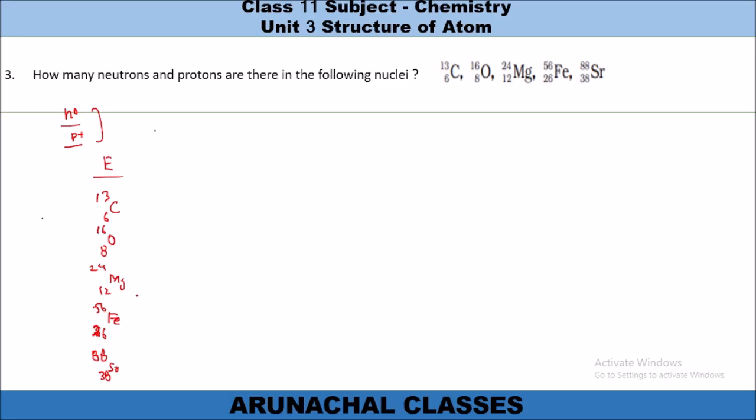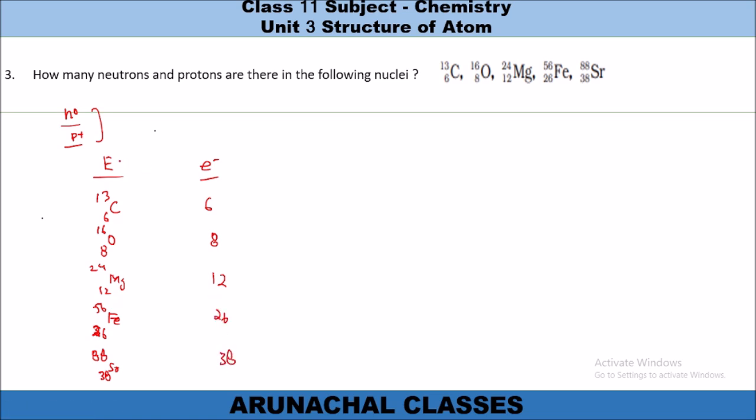The lower one we call the atomic number, the superscript we call the mass number. So here we need to find the electrons. Electrons are 6 here, 8 here, 12, 26, and 38.